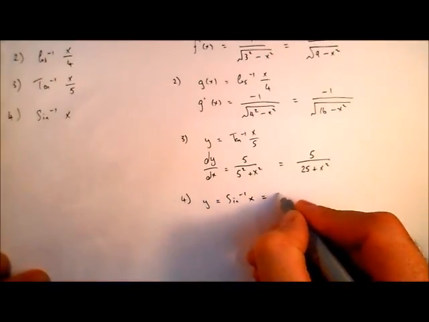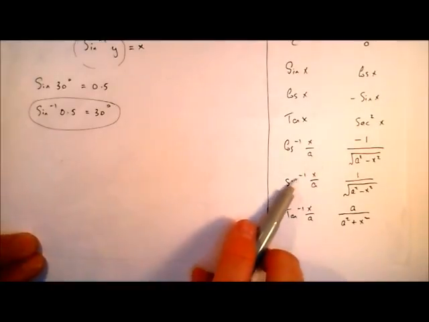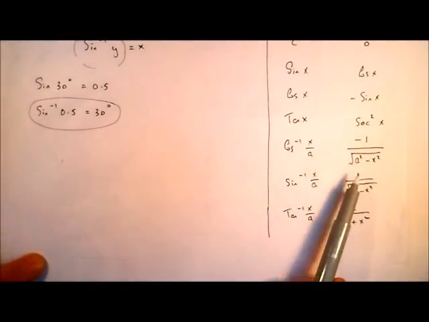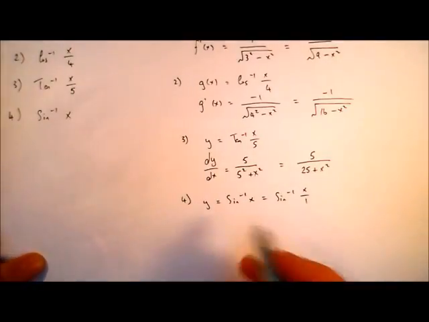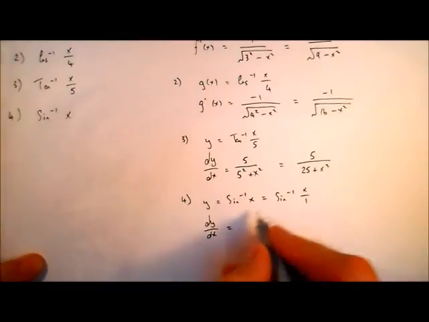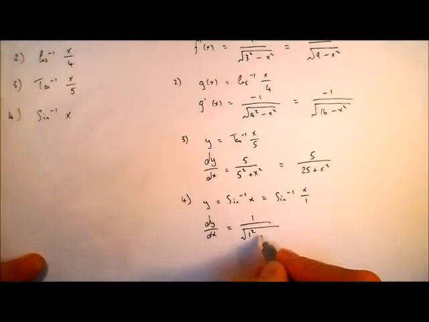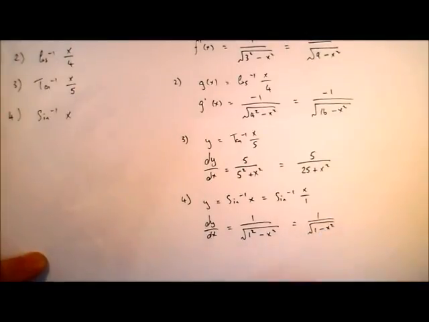I'm going to rewrite that as sine inverse x over 1, because now I can just use the rule that we have here. Sine inverse x over 1 will differentiate to give us 1 all over the square root of 1 squared minus x squared. So here dy over dx will equal 1 all over the square root of 1 squared minus x squared. And 1 squared is 1, so I'll just be left with 1 all over the square root of 1 minus x squared. Very, very straightforward.